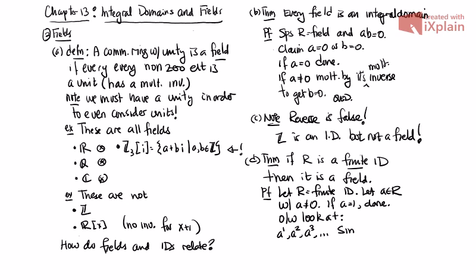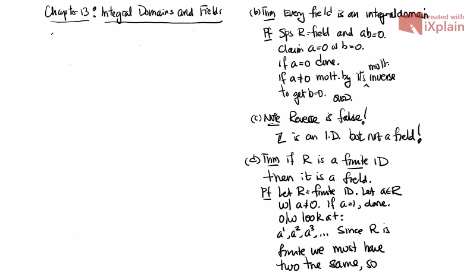So we must have two the same. What this means is there exists an i, let's say greater than j, with a to the i equals a to the j.